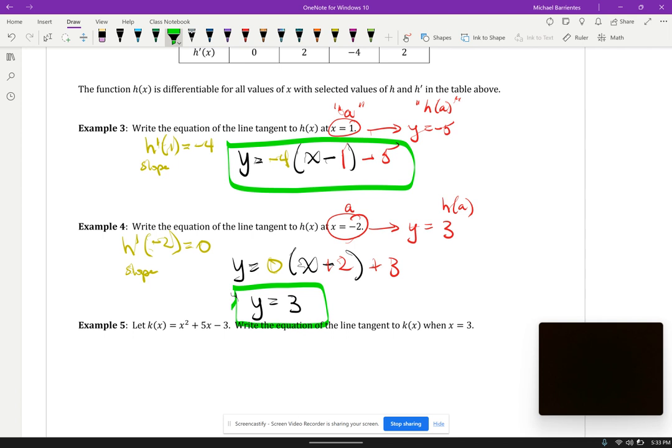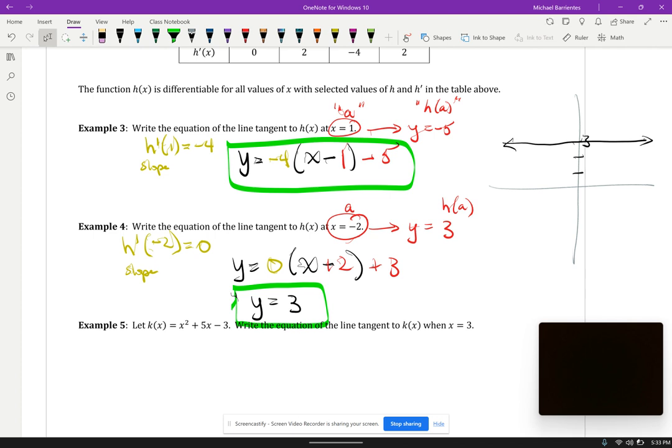What does that tell us about the graph? What does y equals 3 look like? If I draw it over here, y equals 3. 1, 2, 3. Y equals 3 is a flat line that goes like this, right?